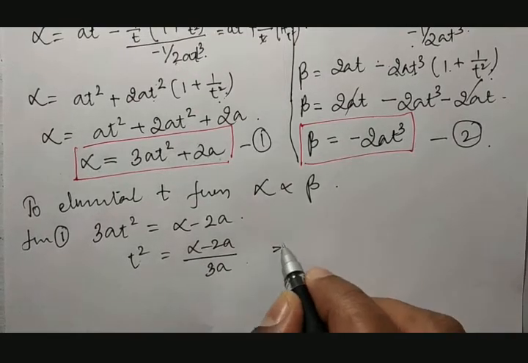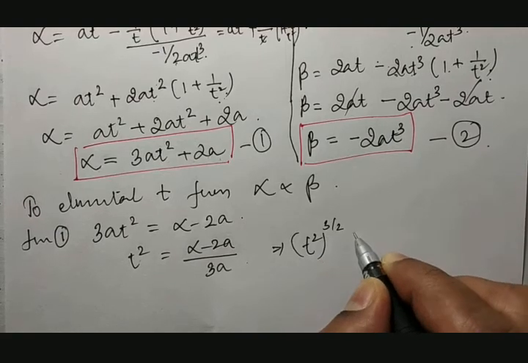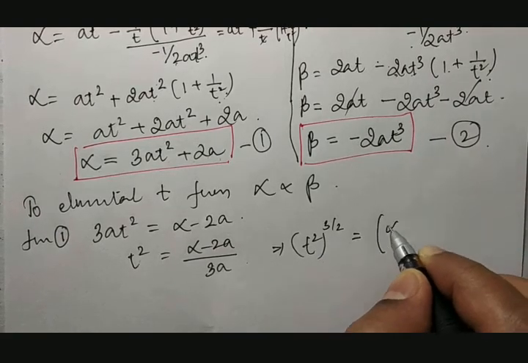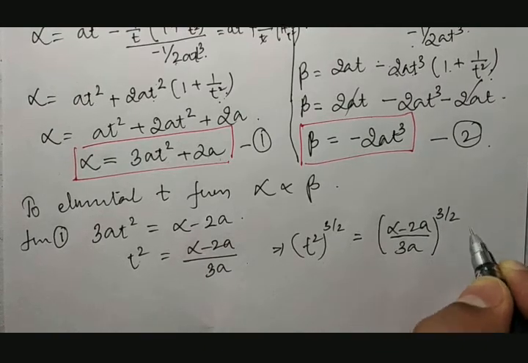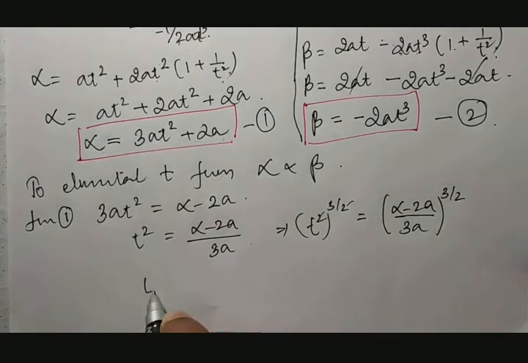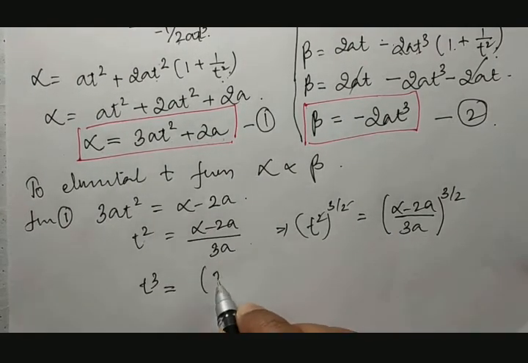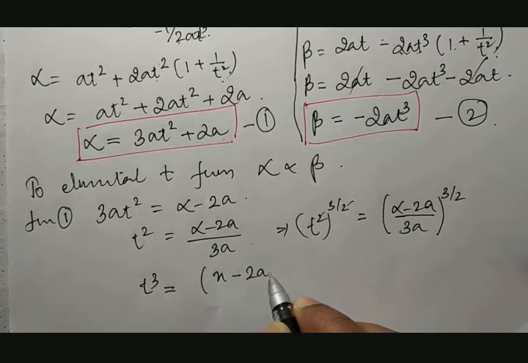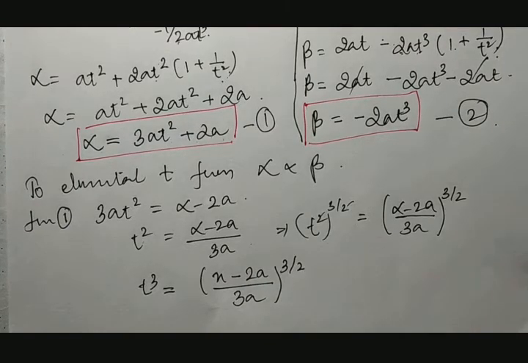When we apply the power 3 by 2 on this, then it becomes t square raised to 3 by 2 is equal to alpha minus 2a divided by 3a raised to 3 by 2. The 2 gets cancelled. Then it becomes t cube. Therefore, t cube is equal to alpha minus 2a divided by 3a raised to 3 by 2. Fine.